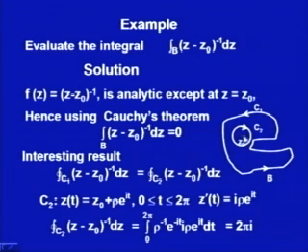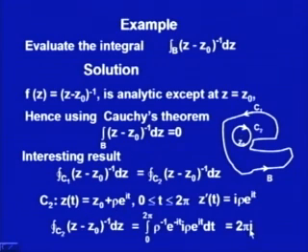This is an interesting result, you see. I was having this function 1 upon Z minus Z0, and for any contour, here I have taken this contour, I had shown that this is equal to the integral along this one. Here I have taken this Z0, because this function is not analytic only at Z0, and I have taken a circle centered at Z0 of some arbitrary radius rho.